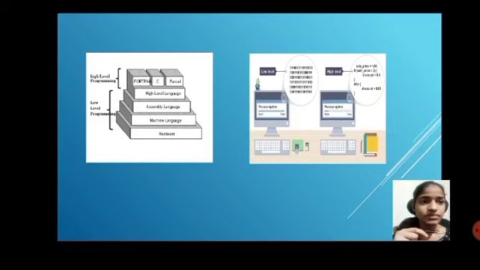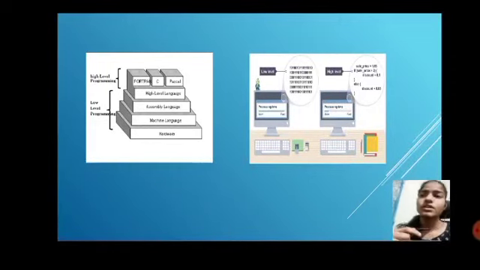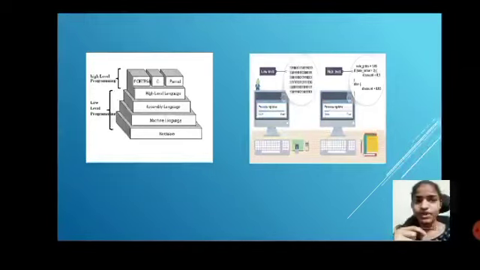If sale price is greater than 2, discount 0.1, else discount 0.05. This is understandable to humans. If we have some basic knowledge of programming, we can understand what the program is about. But in the low level language we cannot, because it only contains zeros and ones.